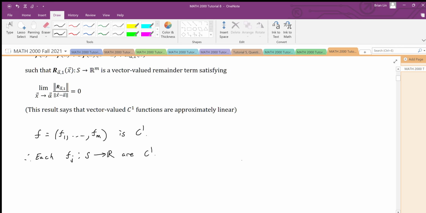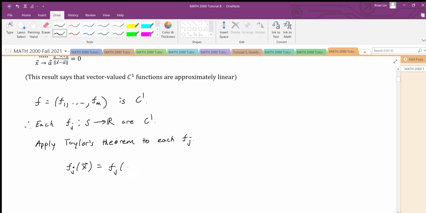So fj at vector x is equal to fj at vector a plus the gradient of fj at a, dot vector x minus vector a, plus the remainder term centered around a, order 1, because it's Taylor's theorem for order 1, at x.